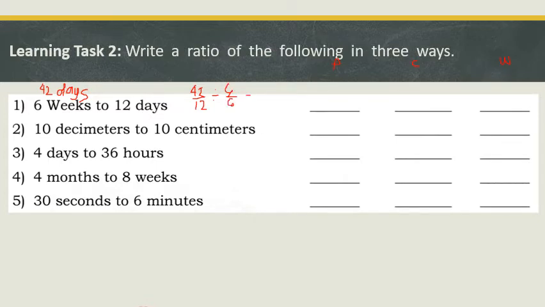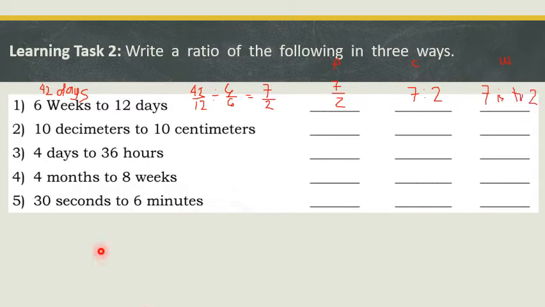So, 42 divided by 6 is 7. 12 divided by 6 is 2. So, ang fraction form ay 7 is to 2. Sa colon form, lalagyan lang siya ng colon. So, 7 is to 2. And sa word, 7 is to 2.